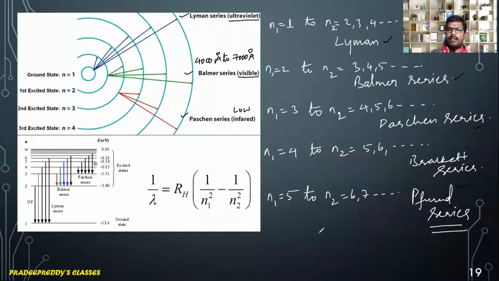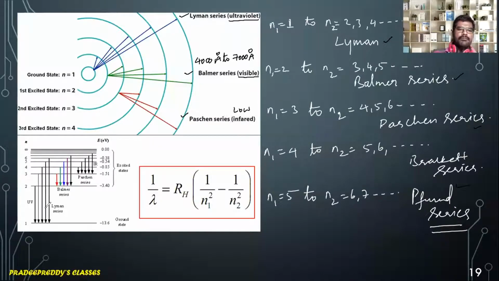And any spectral line series limit can be calculated by using this equation: 1 by lambda is equal to RH into 1 by n1 square minus 1 by n2 square. This is what I have told you, from n equal to 1 to other orbitals.